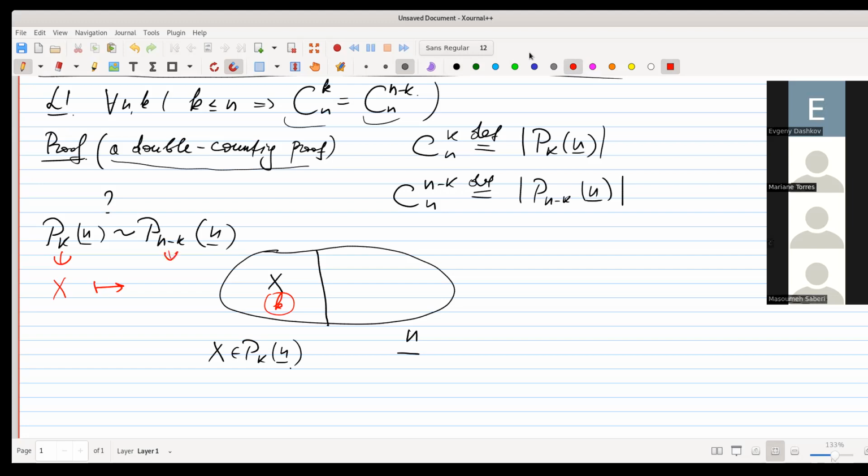We need a bijection between k-sized subsets and n minus k subsets. Do we have one? Please think about that. It is very easy.